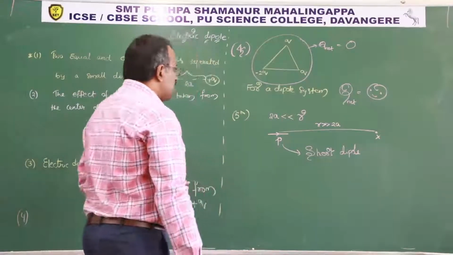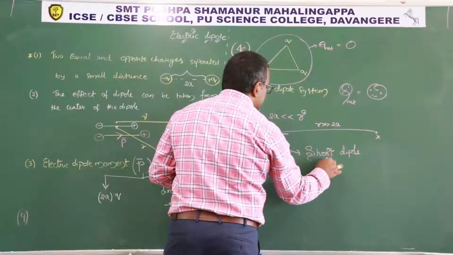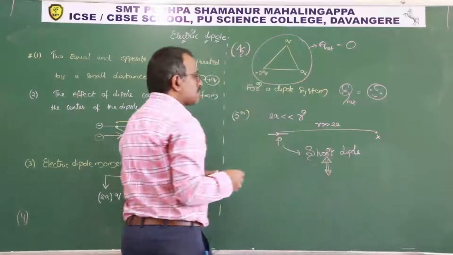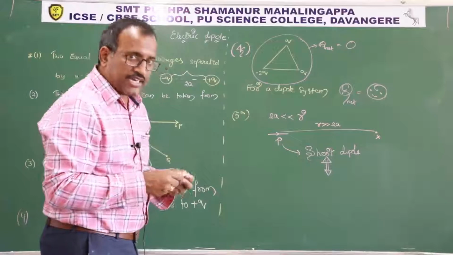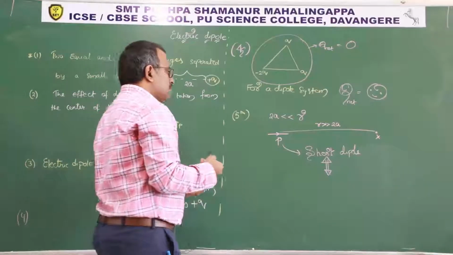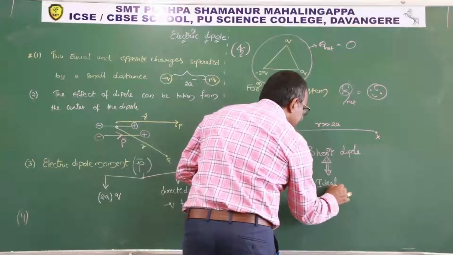Clear? So let us see now the other name of the short dipole. The other name of short dipole is ideal dipole.